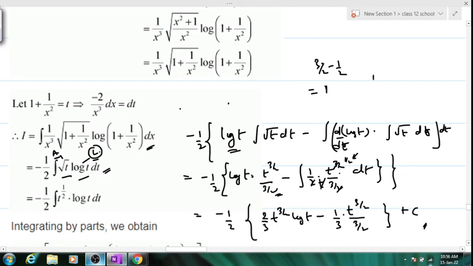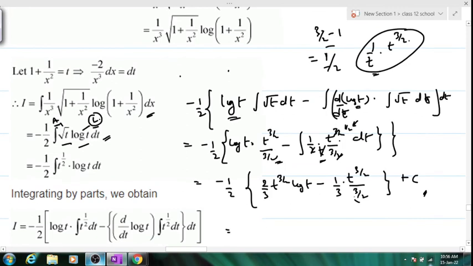Yes or no? Here below there is 1 by 2 and here you have 3 by 2. 1 by t is of log t, and when you subtract this thing, we'll be getting 1 by 2, no? 3 by 2 minus 1 is 1 by 2. So again t to the power 1 by 2's integration is t to the power 3 by 2 and then 3 by 2 again.